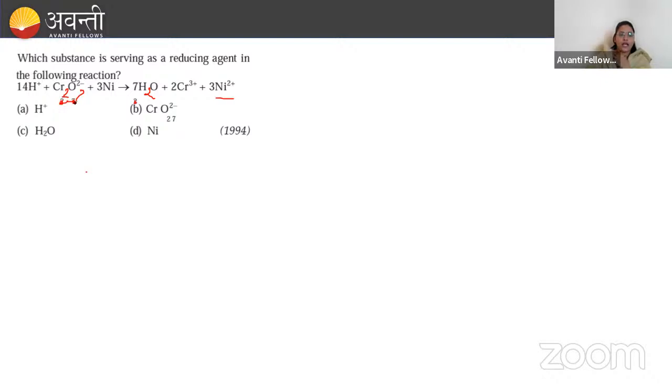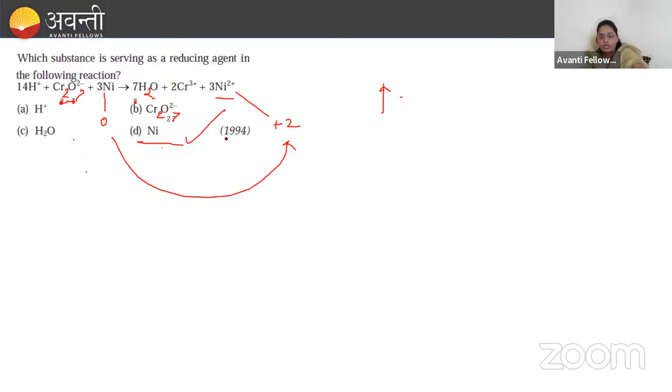Which is the reducing agent here? We need to find out whose oxidation number increases. Nickel was in the 0 state, and here it is in a +2 oxidation state. So its oxidation number has increased, and an increase in oxidation number means it is our reducing agent. So our answer is option D. Any doubts?